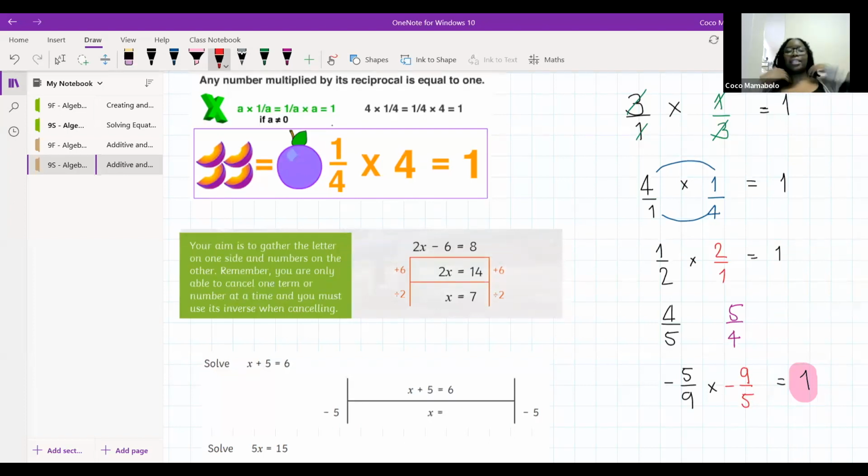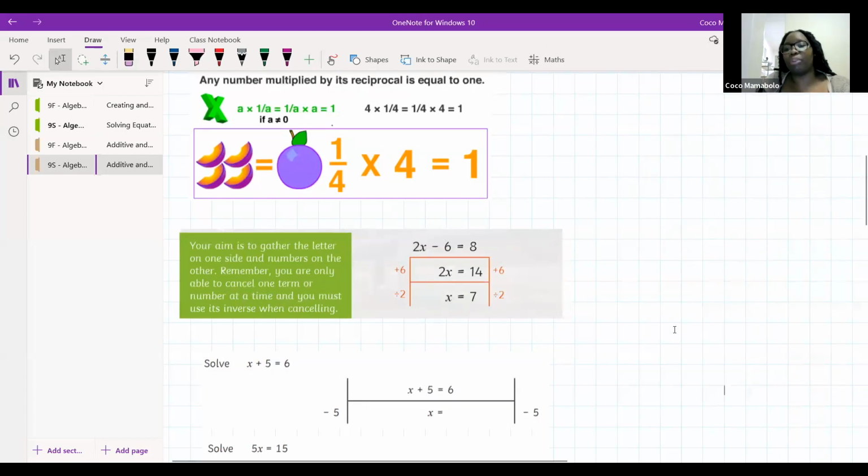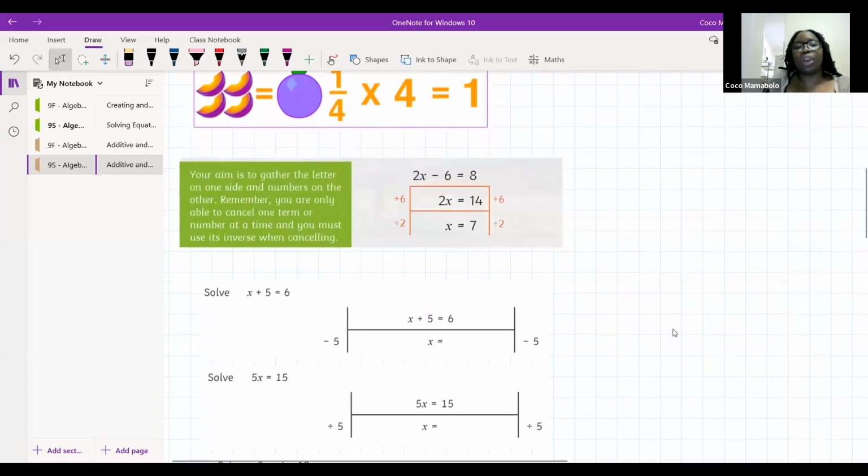All right, excellent. Now we're going to put this to use, because we can't just learn it and not do something with it. We're going to do an example just now, and figure out exactly what we're doing using the examples that we've been given. Let's start with example 1. I'm going to rewrite it on the side here, and we're going to look at the steps we need to take. I've got x plus 5 is equal to 6.